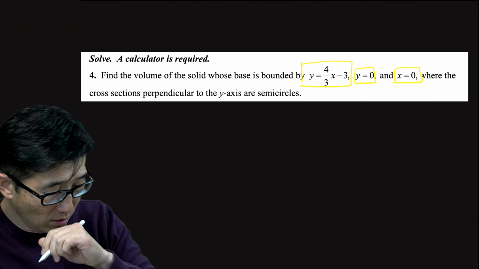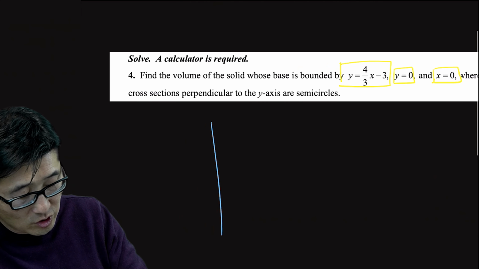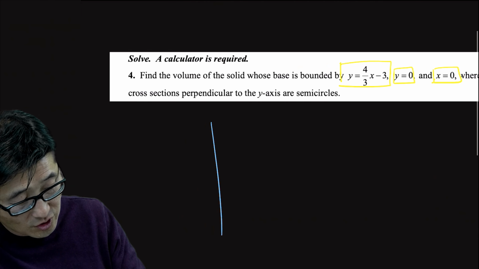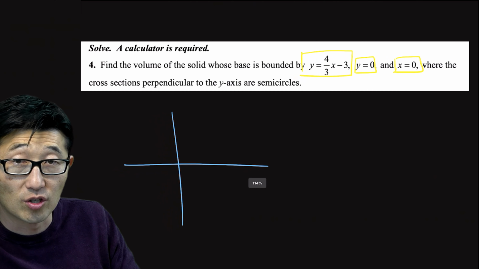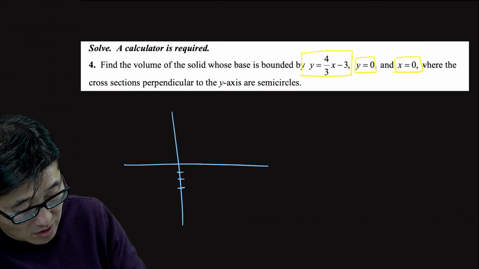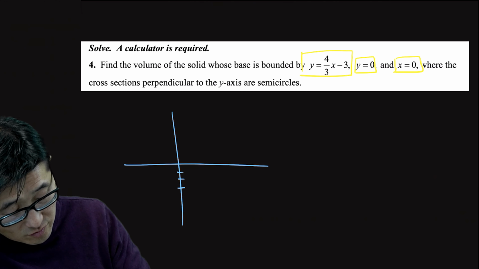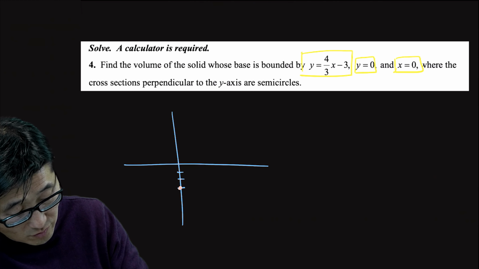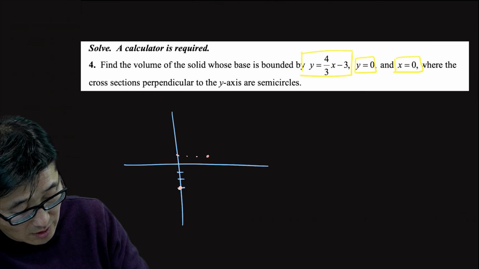I'll draw this two-dimensionally first, and then try to draw a three-dimensional replica of this. So 1, 2, 3, and your slope is 4 over 3.